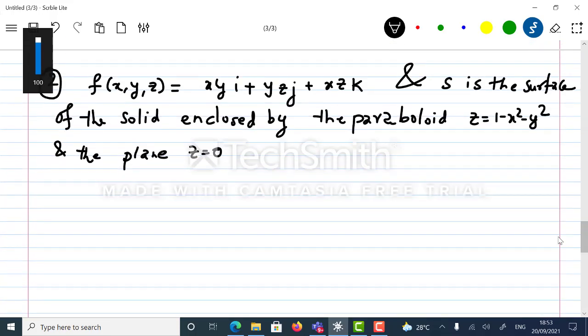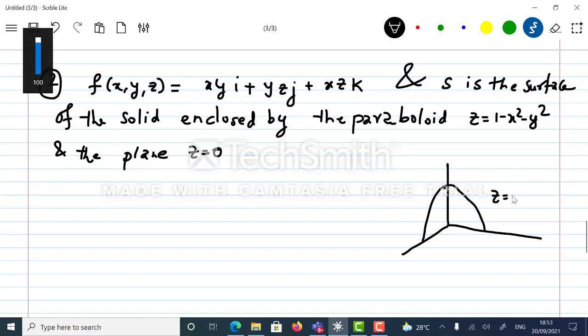Okay, so let's draw this paraboloid. This is how the paraboloid z is equal to 1 minus x square minus y square looks. So we have to take the paraboloid which is above z equal to 0, so this portion of the paraboloid will come.